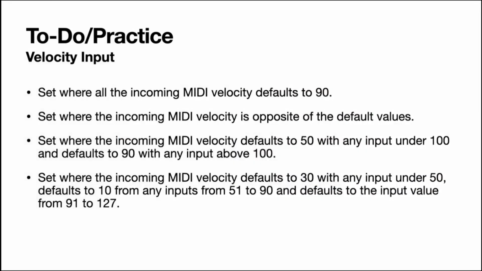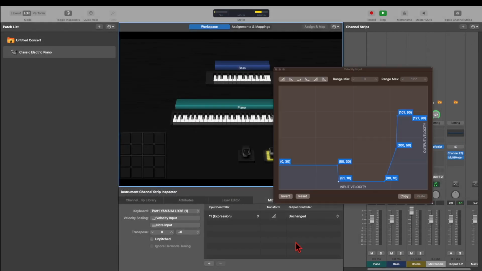And the last one is anything from 91. Essentially, this doesn't work once it gets up to 91. So let's change that. Set 91 to 91, and simply do that.